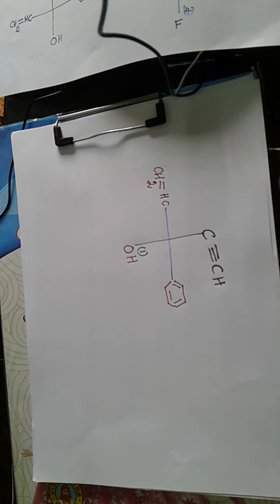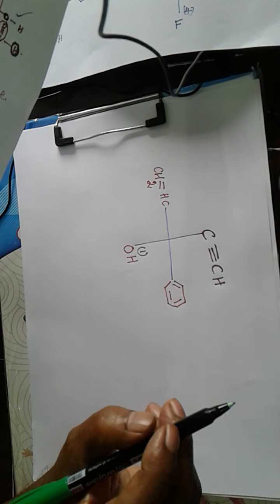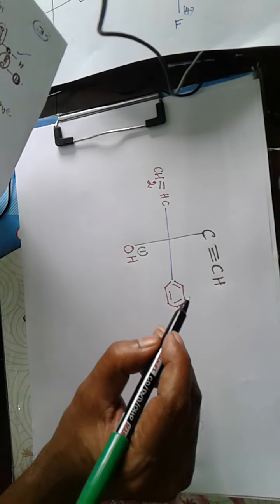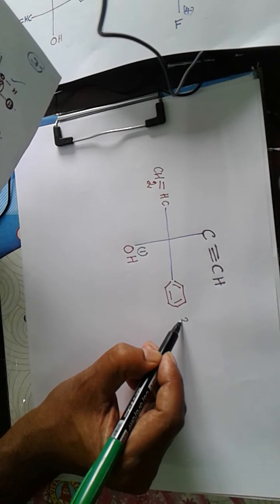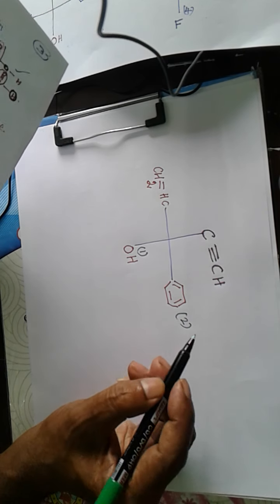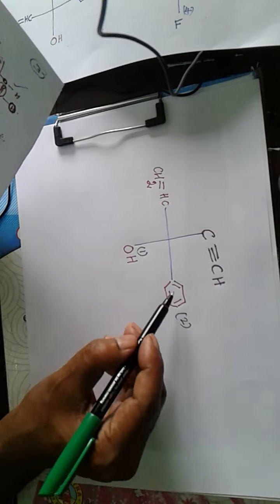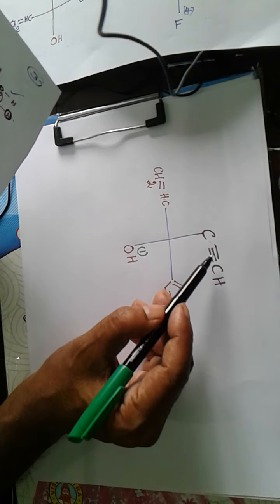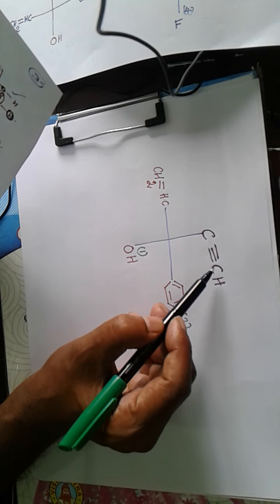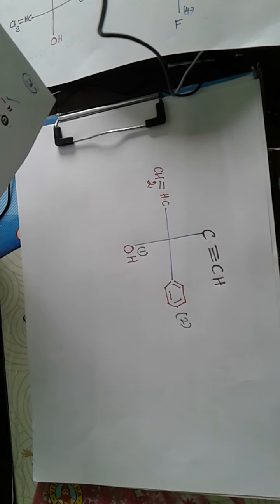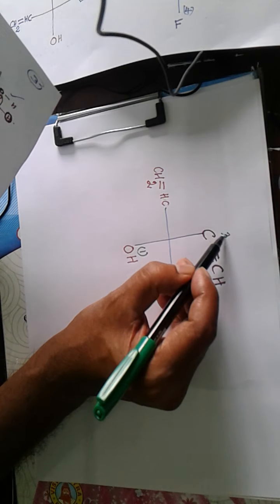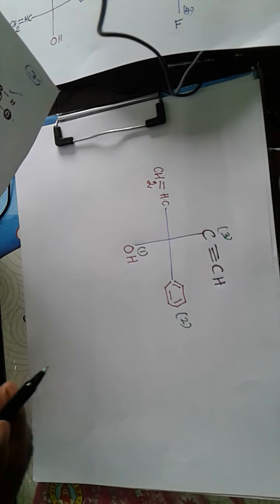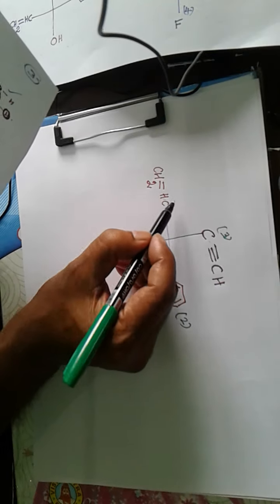The phenyl group has the second priority because it contains a larger number of carbon atoms compared to the other groups. And here, since this C triple bond is being triplicated, with a greater number of carbon atoms in this structure, it is given 3 and this is given 4.